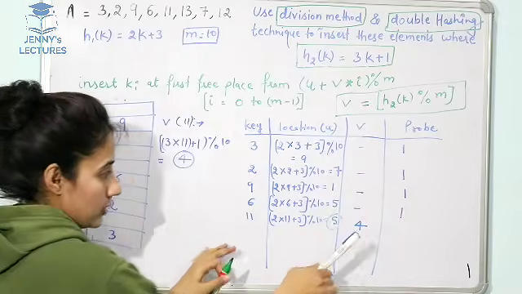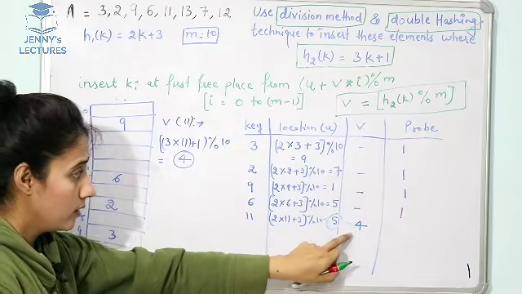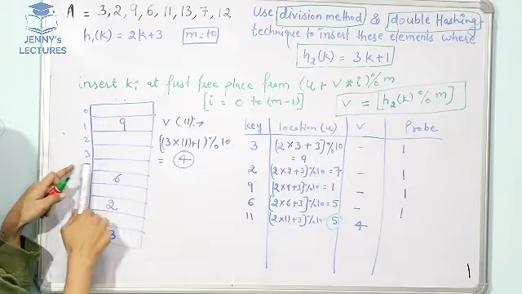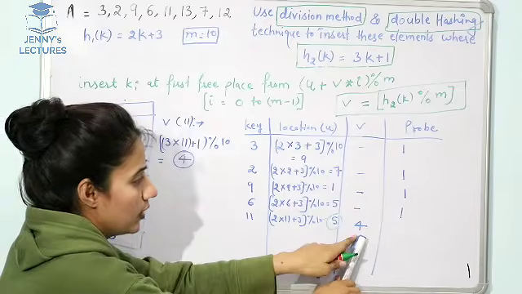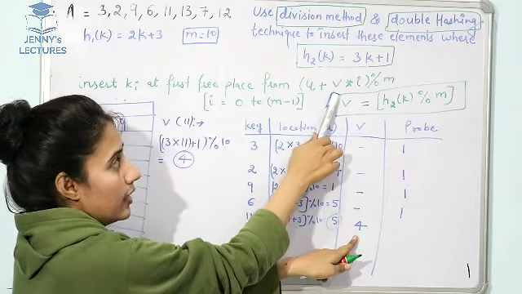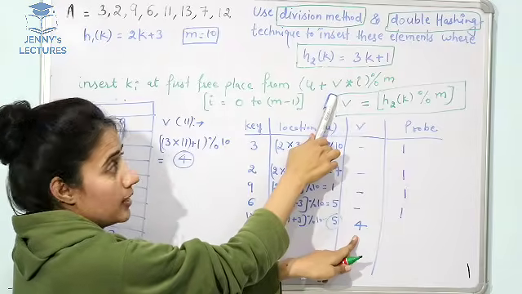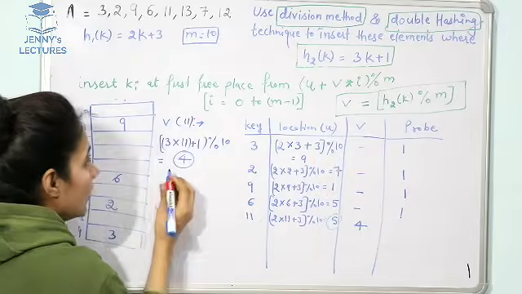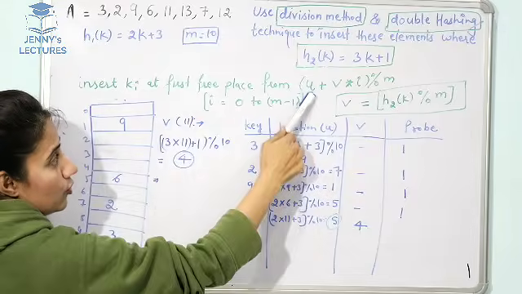Now calculate, see, you can't say insert ki at this place 4 because this one is free. No, this one is value of v. You have to put value of v at this place and then you can calculate the free place or free location, you can say. Now calculate. u is what?